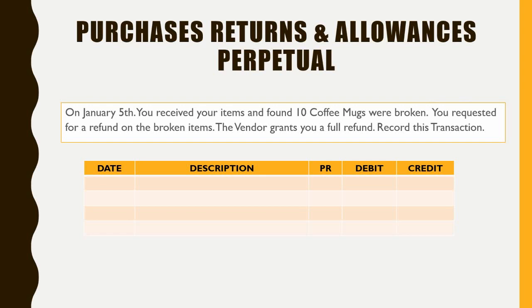So we have the total amount, but what account are we going to be taking it out of? We're going to take it out of accounts payable on the debit side. And then we're going to credit our inventory, or our coffee mugs, on the credit side. Perfect. That's exactly what you do, because when we originally purchased it, it's all in our inventory.